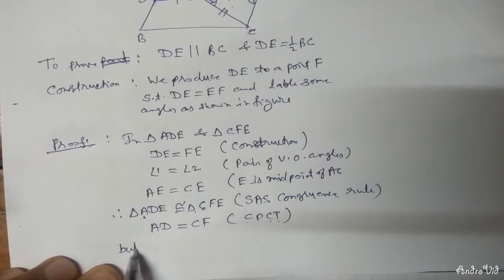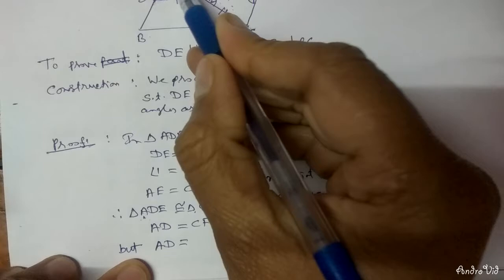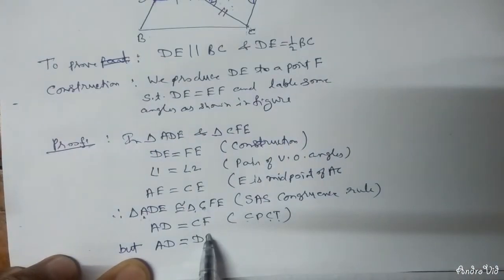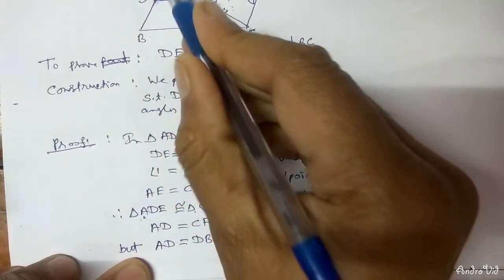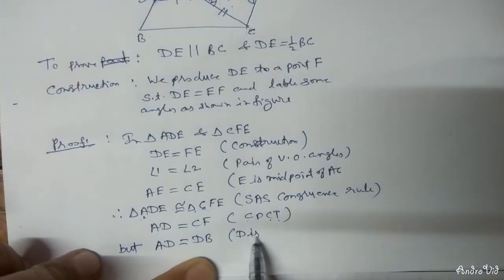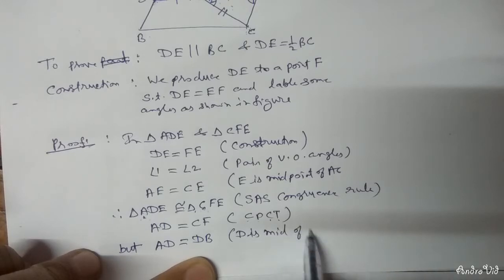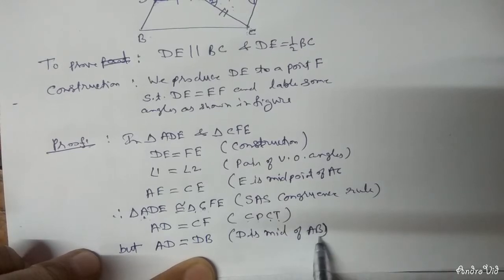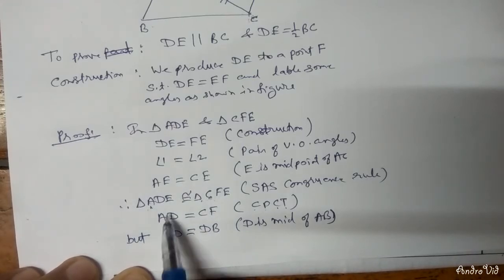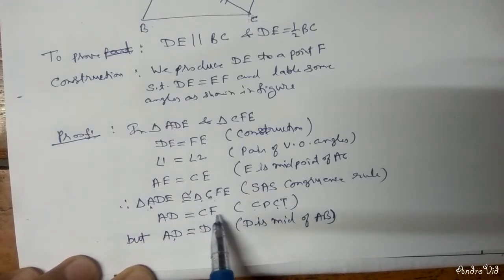But AD is already equal to DB, because D is midpoint of AB. Now see, in these two equations left hand sides are equal, so the right hand side must be equal.